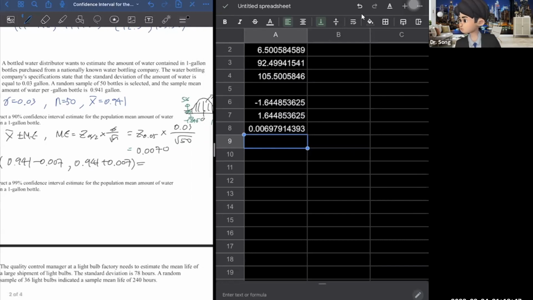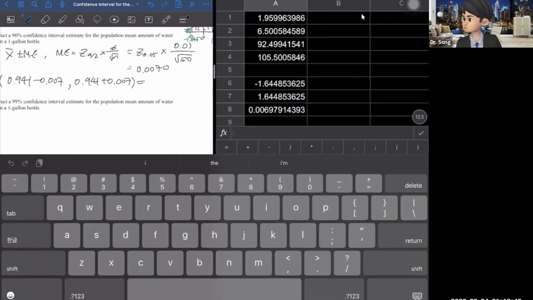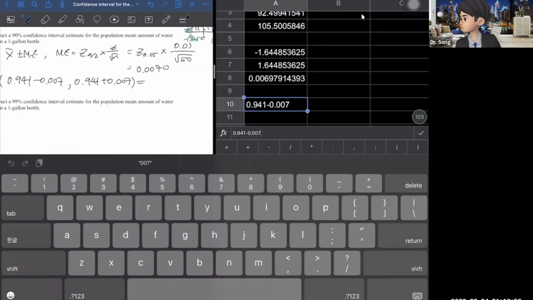So let me calculate it. 0.941 minus 0.007. Okay, I need to put the equality here. And then 0.941 plus 0.007.